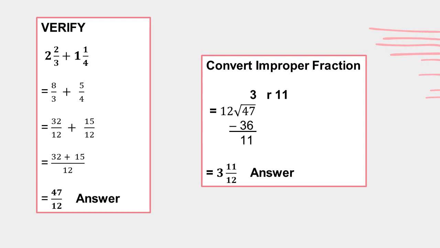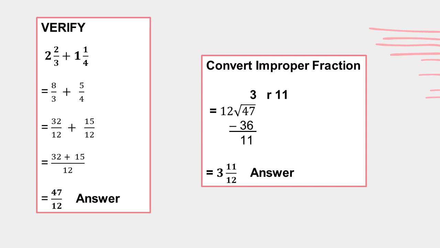Okay, next. So, i-verify natin yung ating given kanina. So, another solution natin kung magpapareho po ba sila ng sagot. So, we have 2 and 2/3 plus 1 and 1/4. So, dito sa solution natin, class, ang unang step, pareho nating i-convert sa improper fraction yung dalawang mixed numbers.